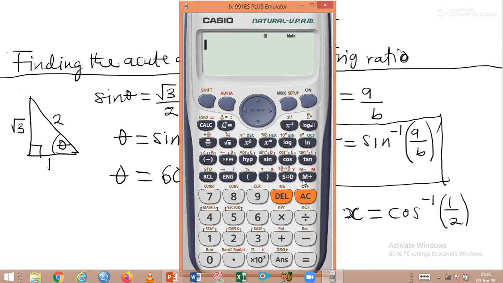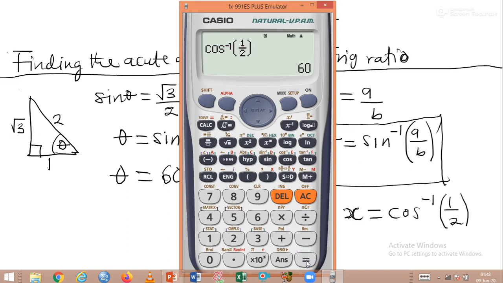You punch shift and then look for cos. You punch cos, so you have your cos inverse there. Then you go for the fraction form, punch 1, come down, punch 2, shift to close the bracket. Now you punch the equal sign.